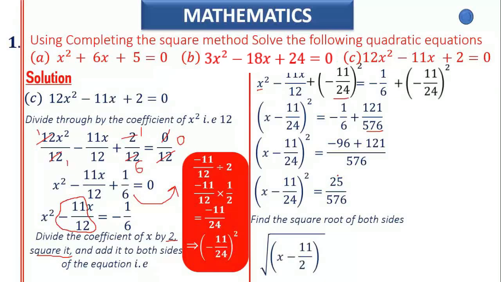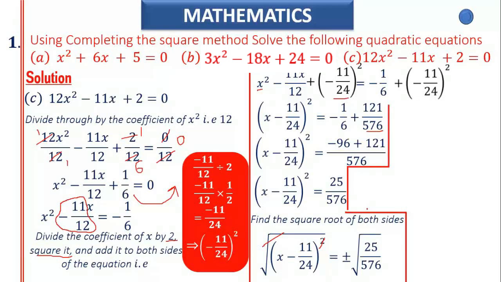By default, the square cancels the square root. Then we can simplify the other value. That will give us x - 11/24 = plus or minus 5/24.